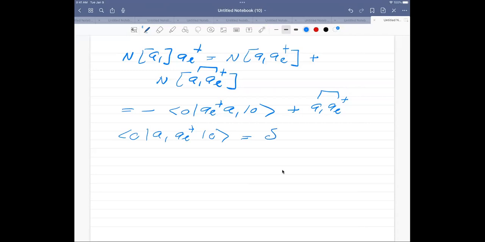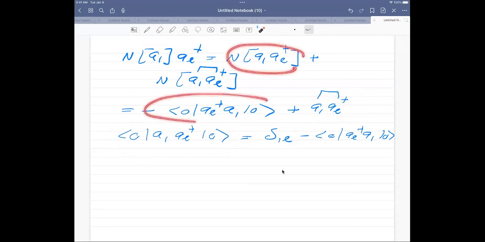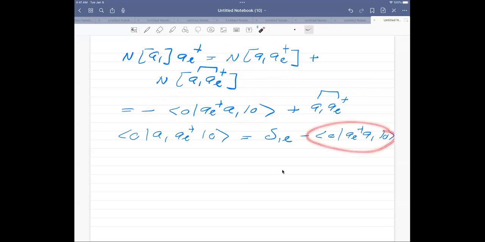So this is equal to delta, and then minus 0, AL dagger, A1, 0. So when we calculate this quantity, this is the same as us setting up this term here. Doing that gives us this term, and then we have the normal ordered term, which we wrote like that, which is simply this term which you see here. So for n equal to 1, we see that this lemma holds. Okay?